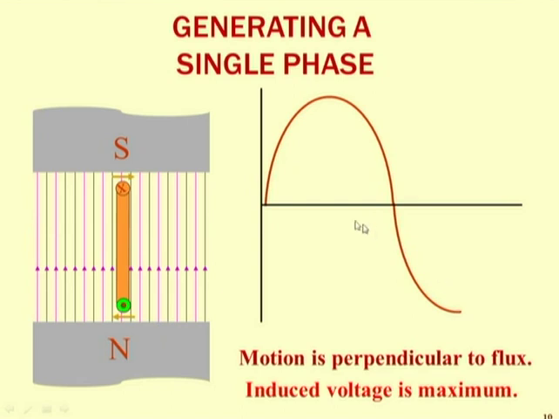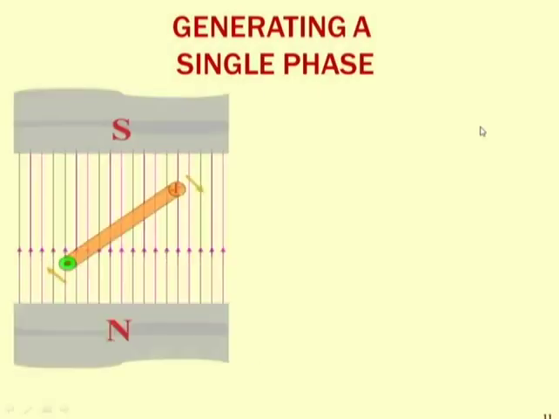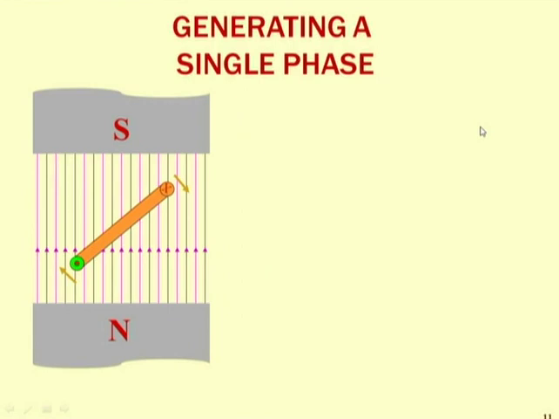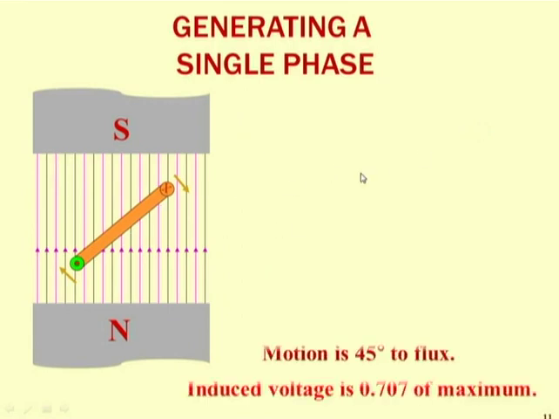Remember, whatever degrees we are trying to draw on the x-axis, that is, now the 180 plus 90 is equal to 270 degree. And finally again, suppose it is at 45 degree. But now this end is moving away from the south pole. Away from the south pole, that means the negative voltage is going to reduce.